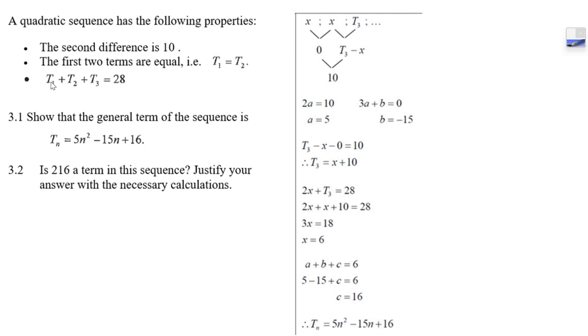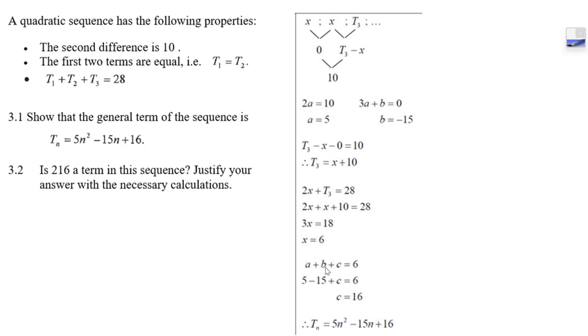We were given that x plus x plus T3 equals 28, or 2x plus T3 equals 28. But hang on, T3 is x plus 10, so we can replace it with x plus 10. Well, that would make this 3x plus 10 is 28, 3x equals 18, x equals 6.